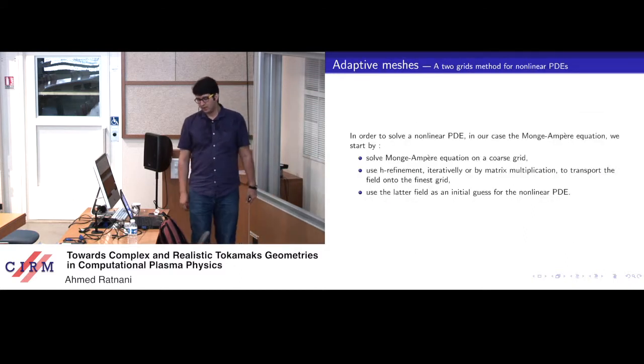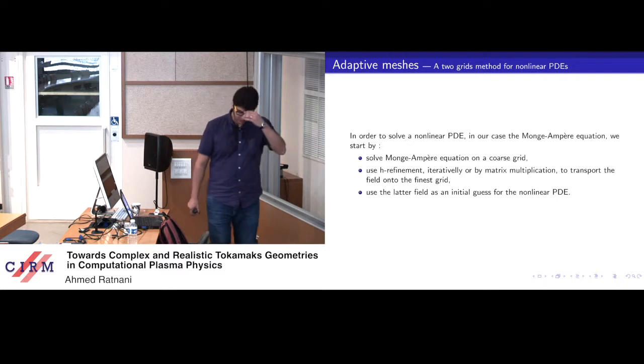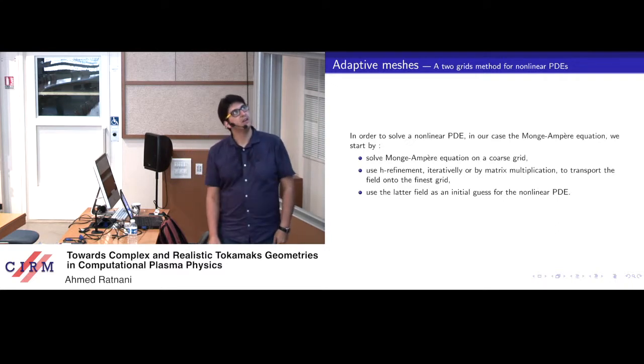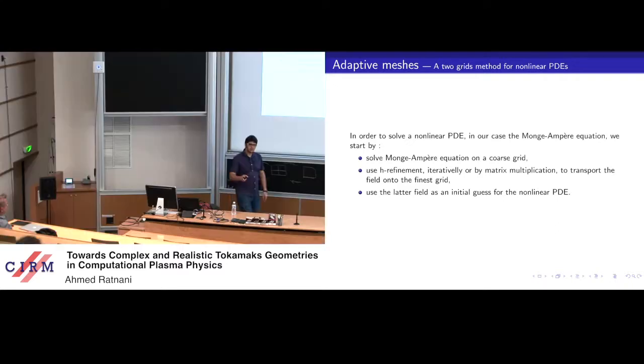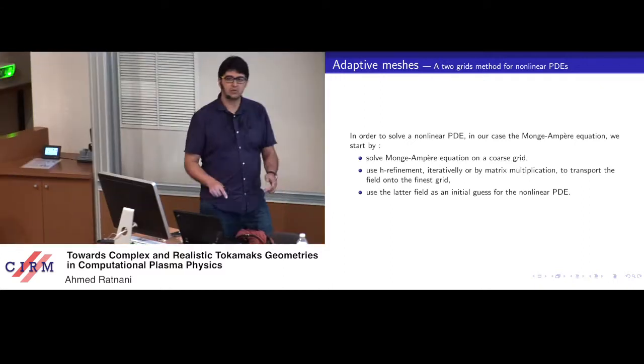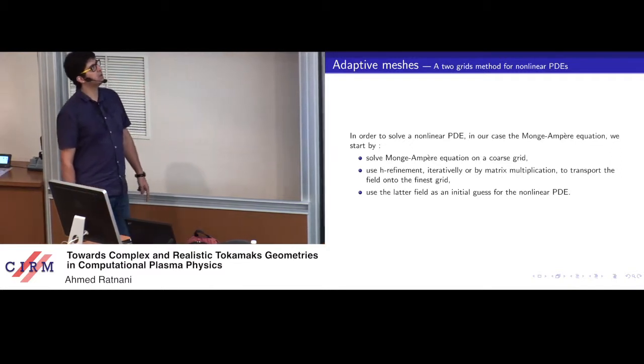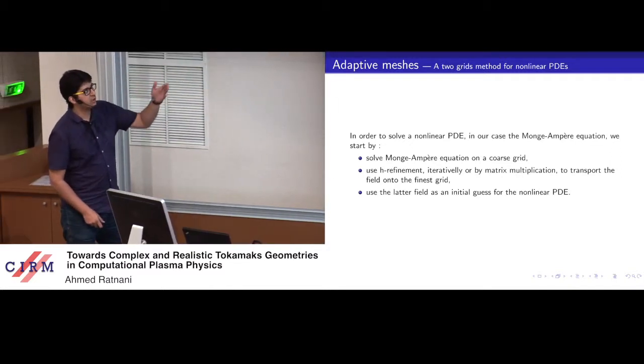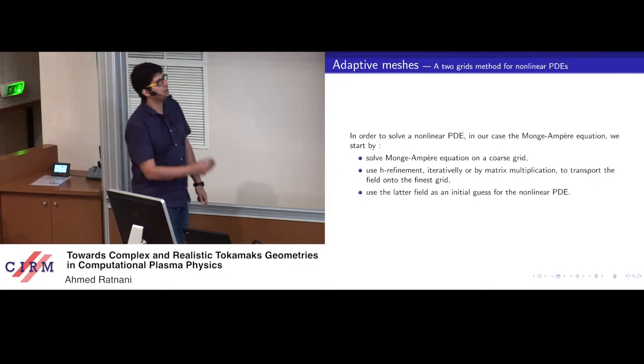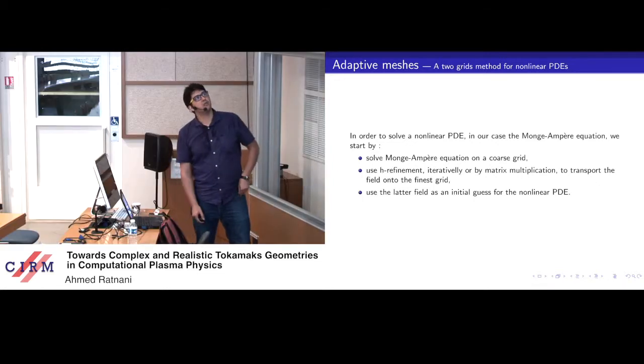So we have to construct the interpolation operator in a different way. Okay. So, in order to solve the Monge-Ampère equation, we use a multigrid strategy, but for nonlinear problems. So we solve the Monge-Ampère equation on a coarse grid in order to find a guess solution that we then transport to the finest grid, by using the matrix that I showed you before.